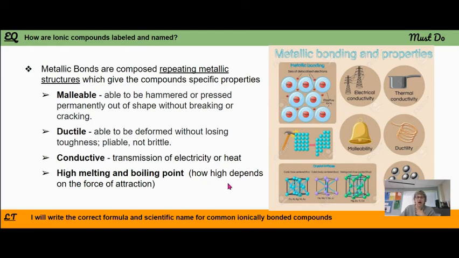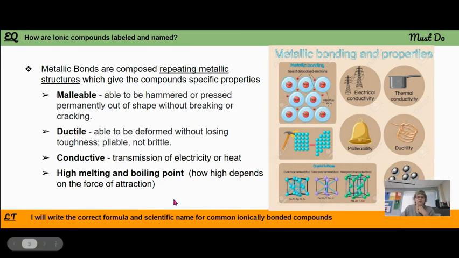And how high depends on that force of attraction. So it depends on how many electrons there are and what type of element it is, and like what type of structure that it creates.